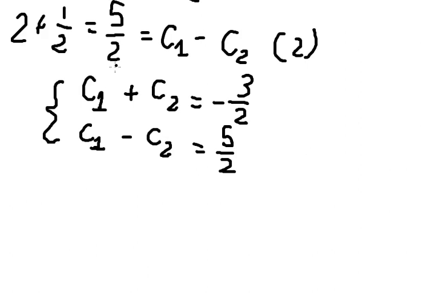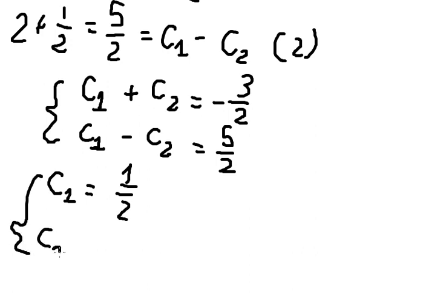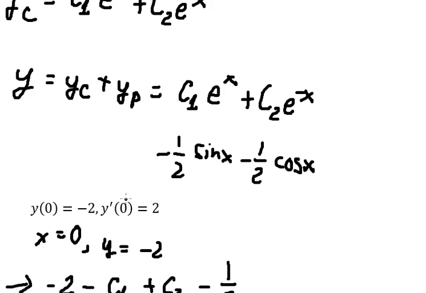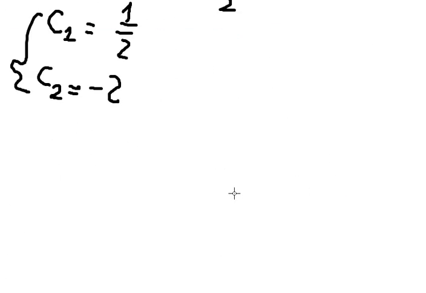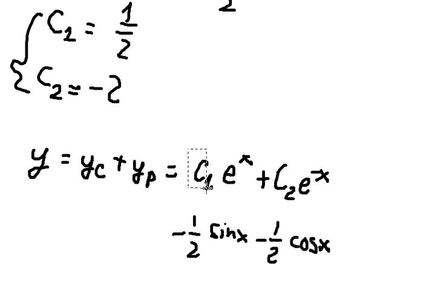So we need to find the solutions of c1 and c2. So c1 is 1/2. And c2 is negative 2. So I will put this one in here. So I will put 1/2 in here. Negative 2 in here.